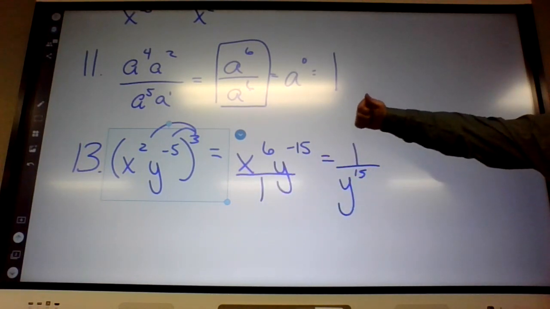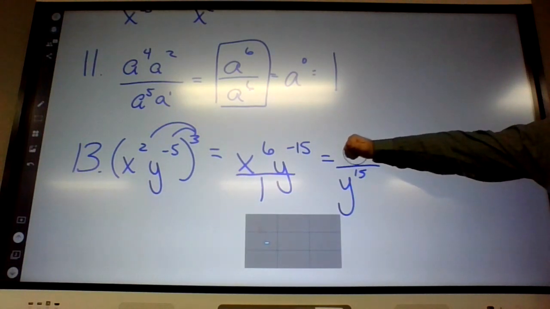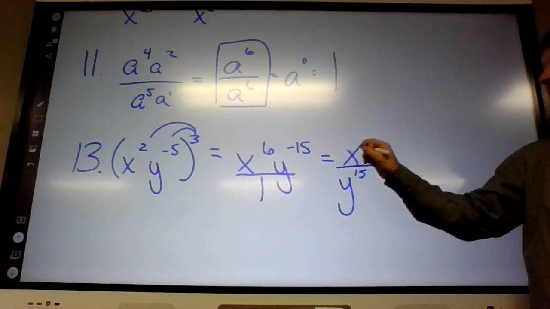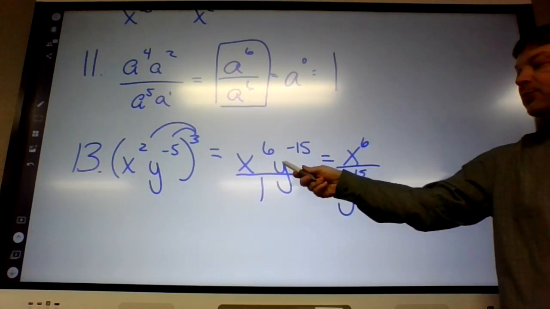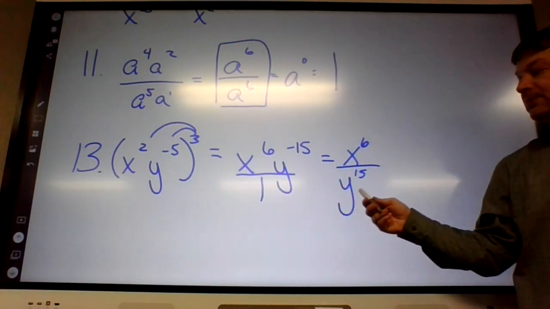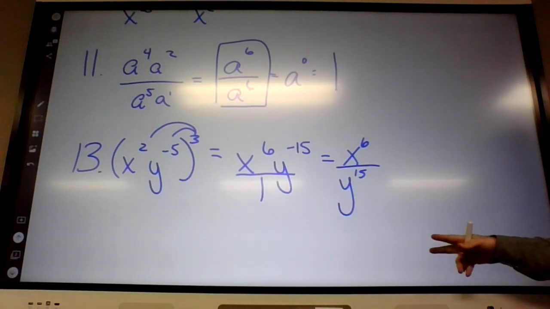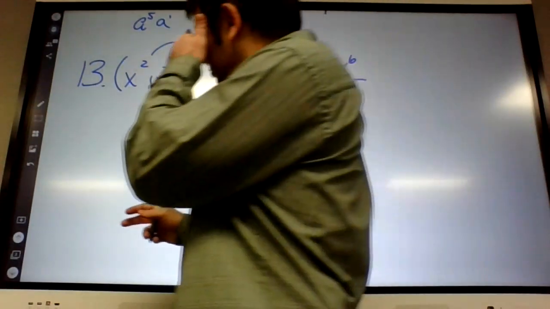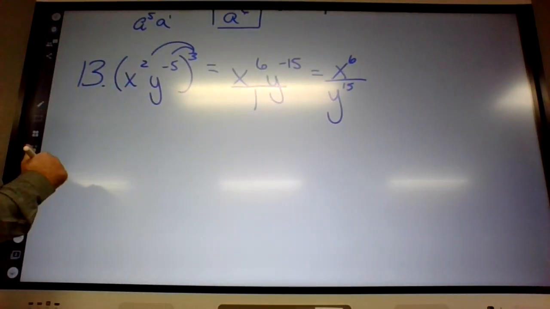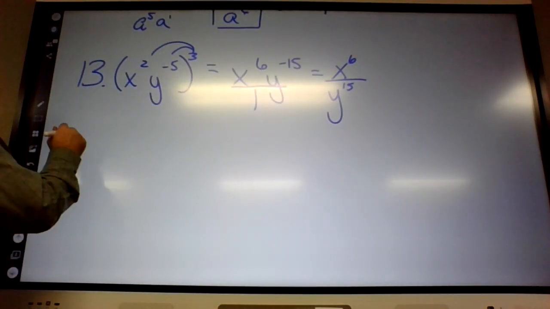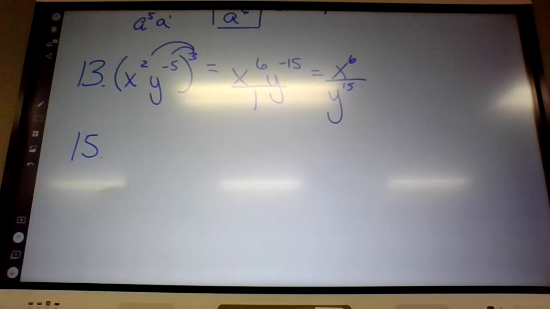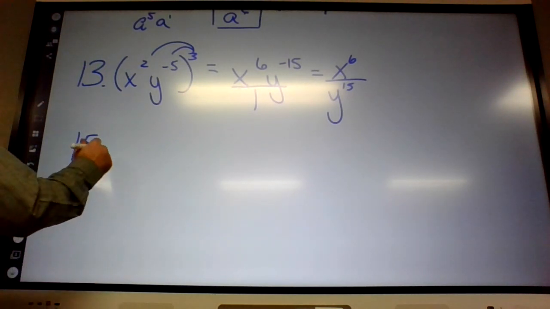So 1 times x to the 6 is just x to the 6. We don't really need that 1 right there. So the top just stays x to the 6th, and the y to the 15th moves to the bottom. 15. X over y cubed.